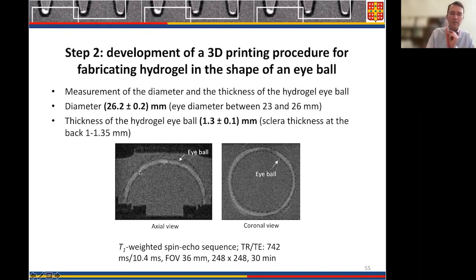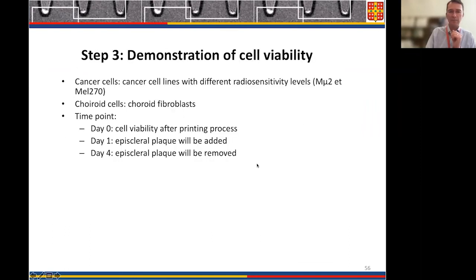So you see here the contours of the so-called eyeball, 3D printed with collagen and alginate. And so this is a half sphere. So you have the cross section here and you have the coronal view. And MRI is very, very helpful for us to make a very precise measurement of the thickness in the cross section, and the thickness in the coronal view as well.